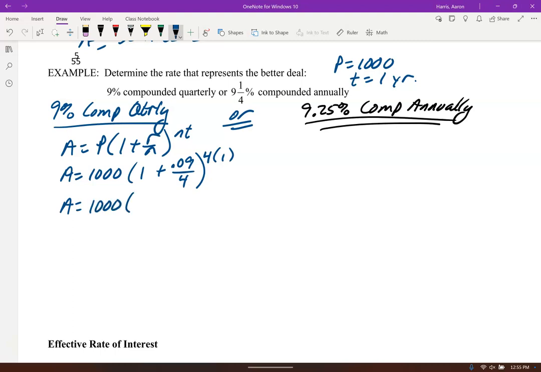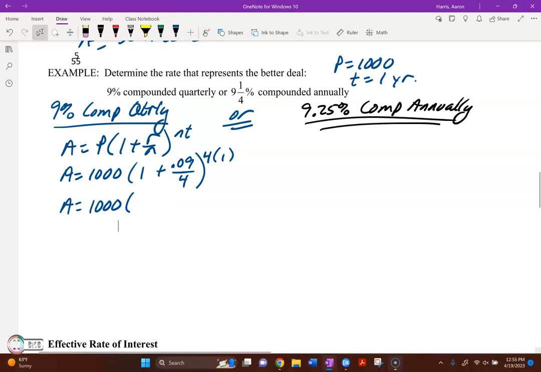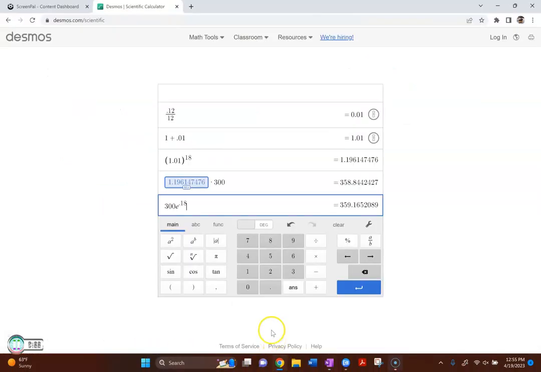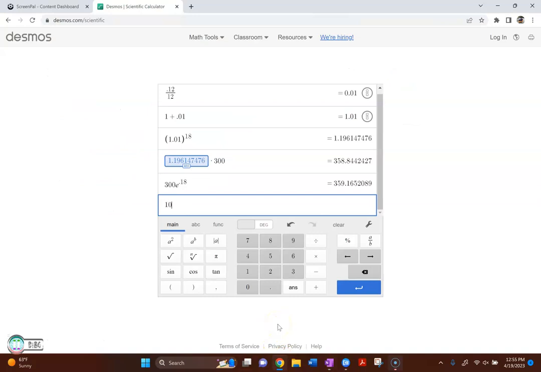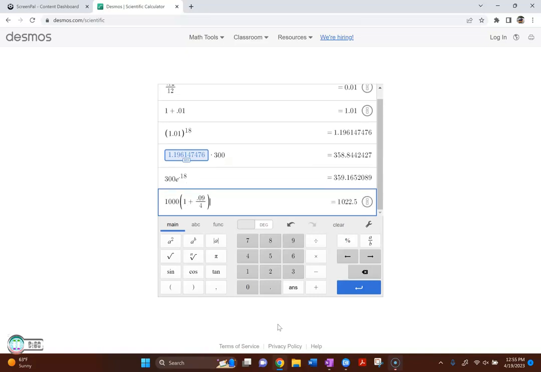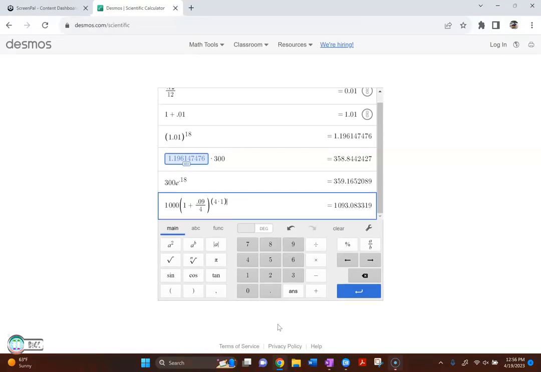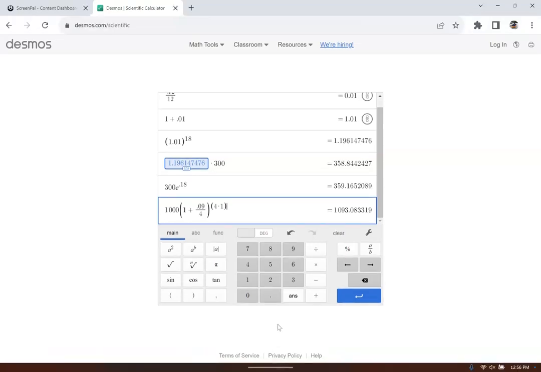And let's go ahead, we'll just do this whole thing at once. So we got 1,000 times 1 plus 0.09 over 4 to the 4 times 1 year. So 1,093.08.